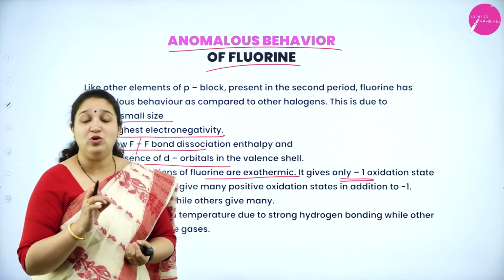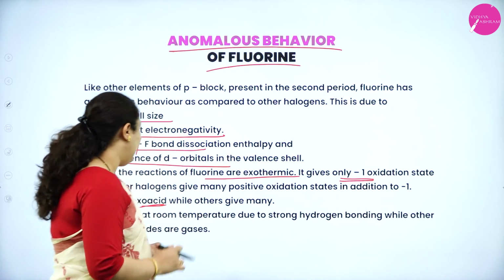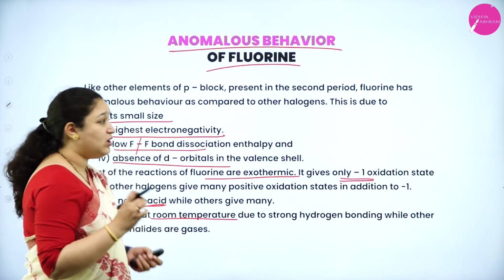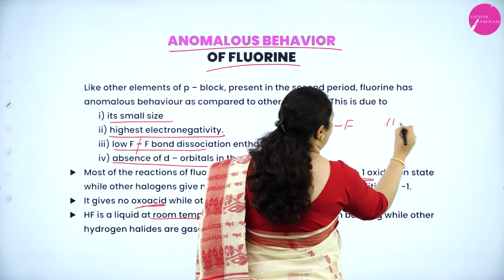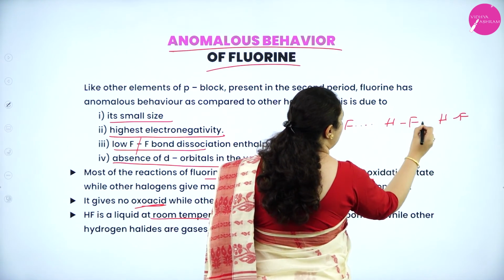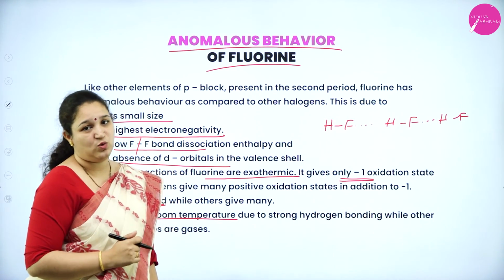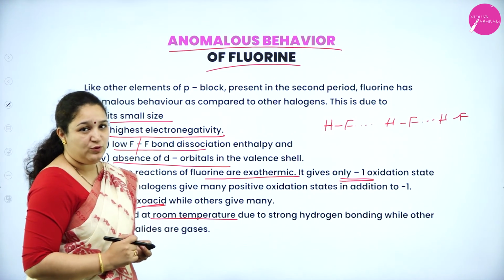Hydrofluoric acid is a liquid at room temperature. That is because of the strong hydrogen bond. It will form hydrogen bond in hydrogen fluoride, due to which it is a liquid at room temperature. So these are some of the anomalous properties of fluorine.